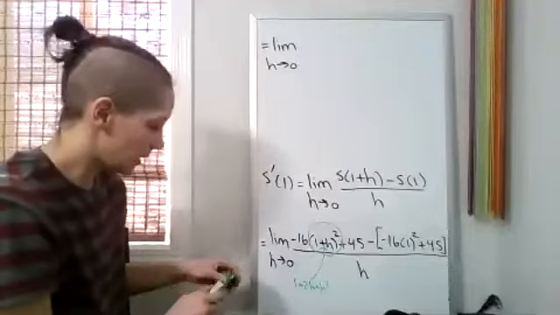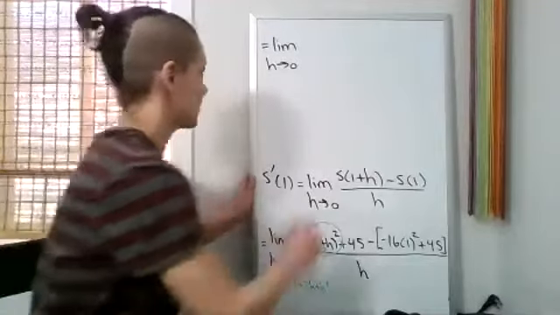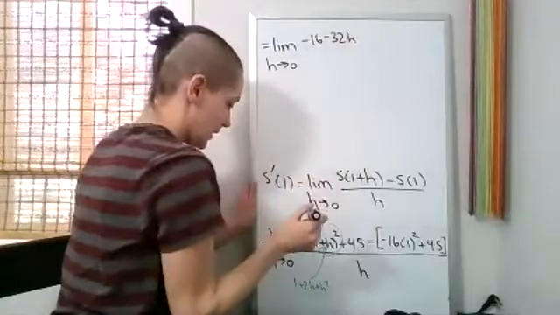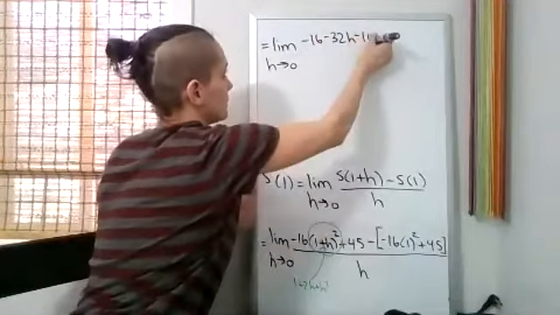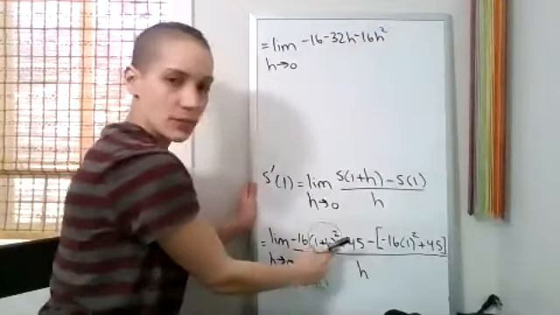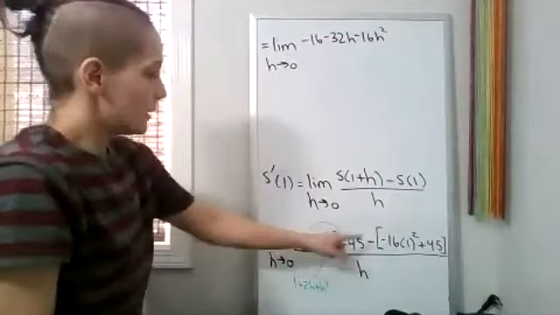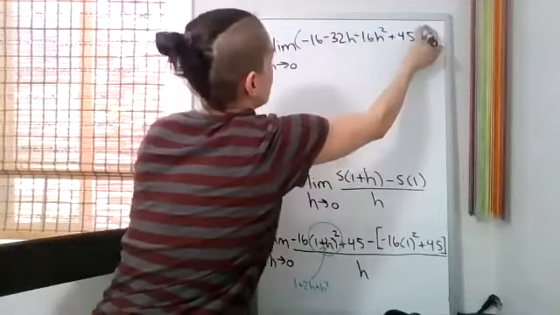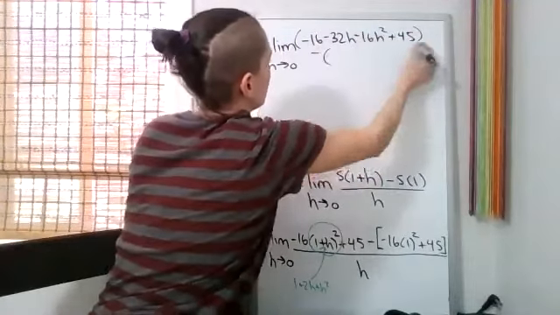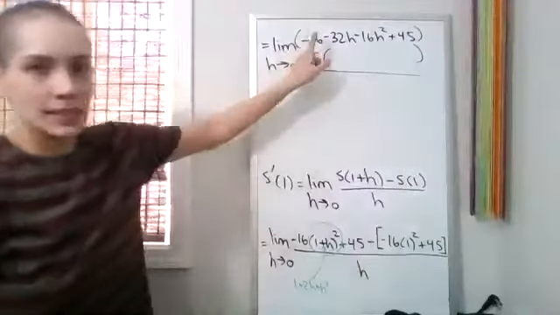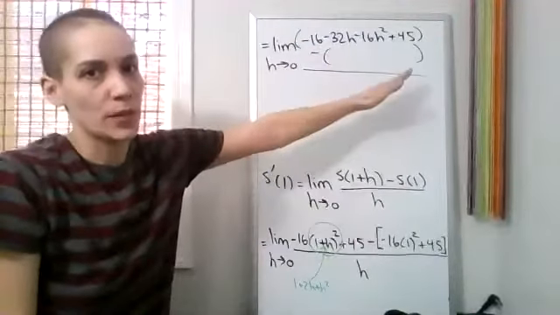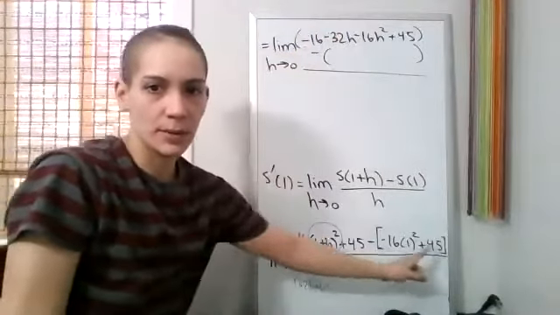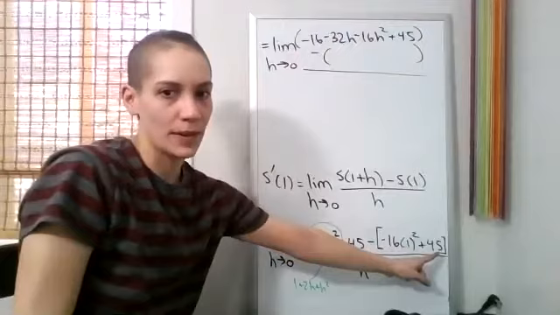So negative 16 minus 32h, minus 16h squared, plus 45. Unfortunately, this is the numerator. I ran out of space on the whiteboard. But it's supposed to be that part minus this part, which is negative 16 plus 45.